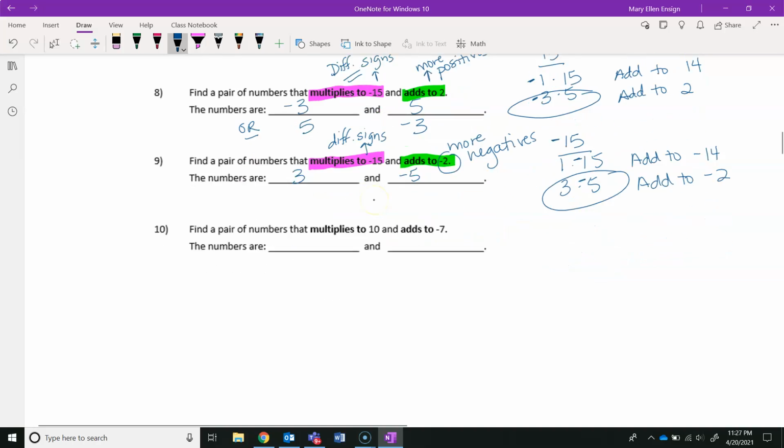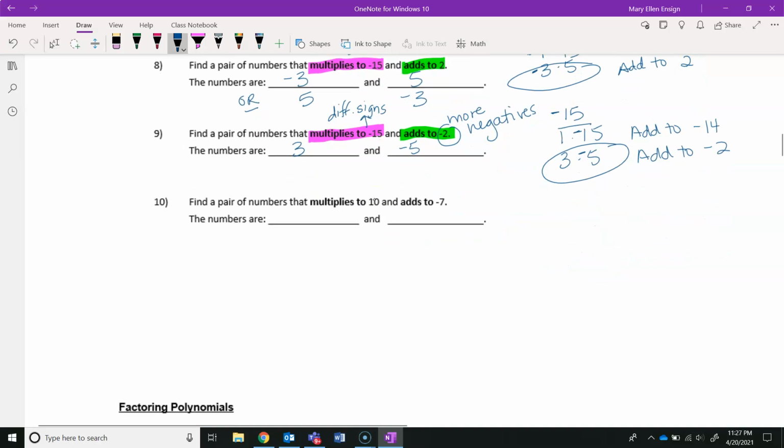Okay, number 10. Find a pair of numbers that multiplies to 10 and adds to -7. So let's think about 10 first. 1 and 10, 2 and 5. Okay, now, if they multiply to 10, that tells me that they have the same signs.